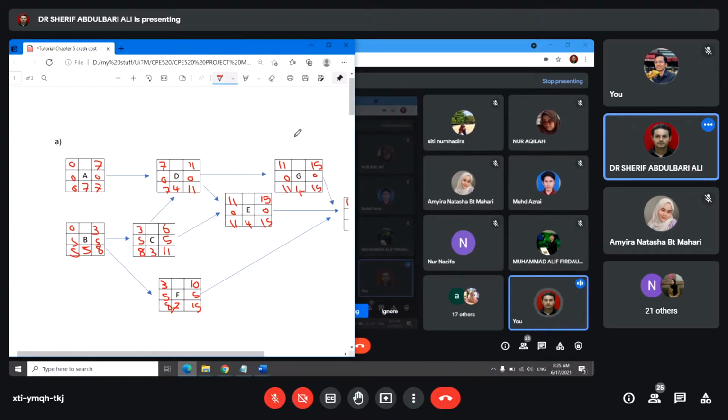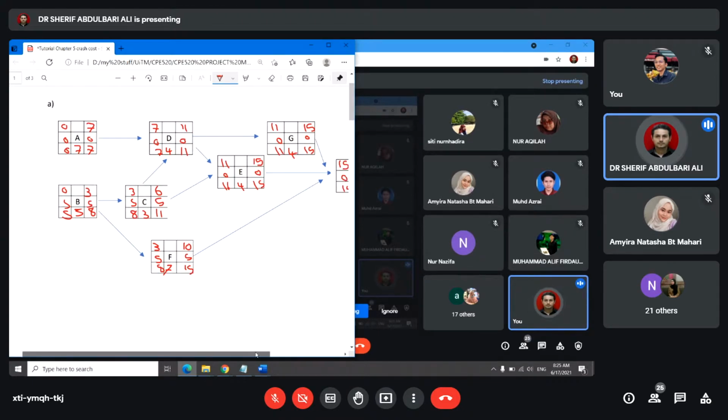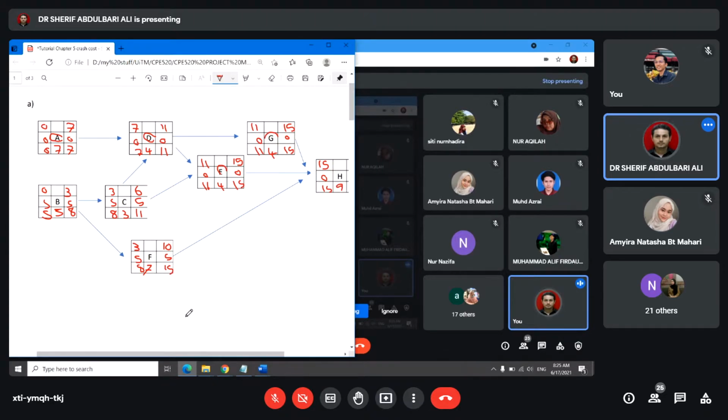Okay. From these questions here, it means my critical path is going to be A, D, E, G, and H. So this is my critical path. Remember that you need to write it, because when you write it, you are going to have a mark for it.